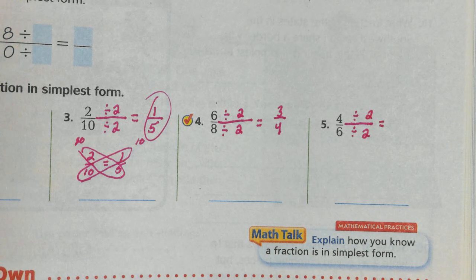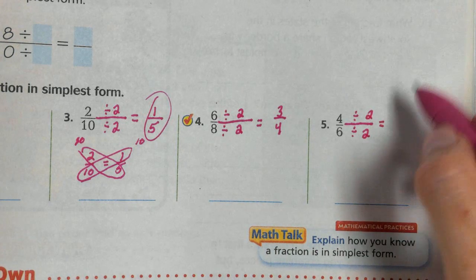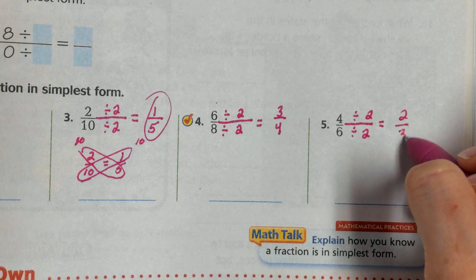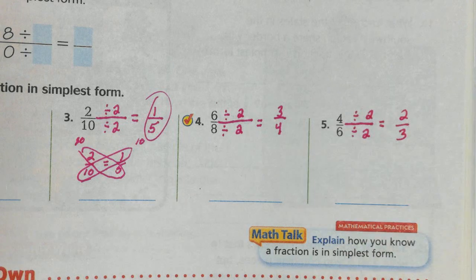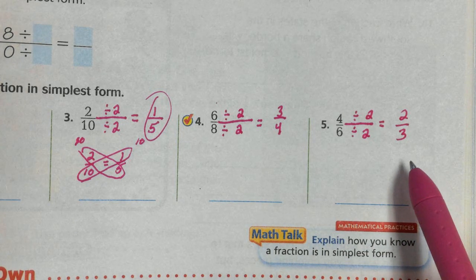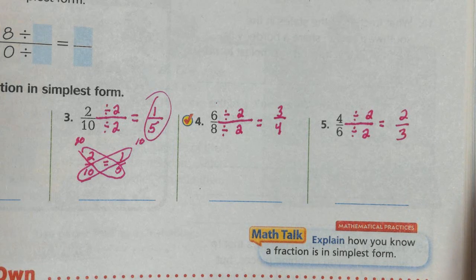All right, 4 divided by 2 is 2, and 6 divided by 2 is 3. So 2/3 is equivalent to 4/6. 2/3 is the simplified fraction. Because when I simplify a fraction, I'm finding an equivalent fraction by dividing.